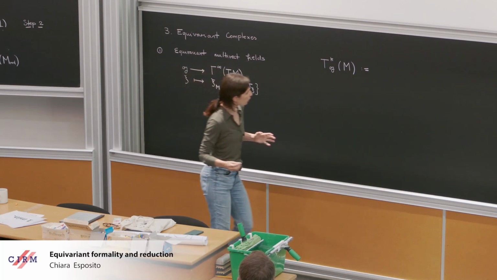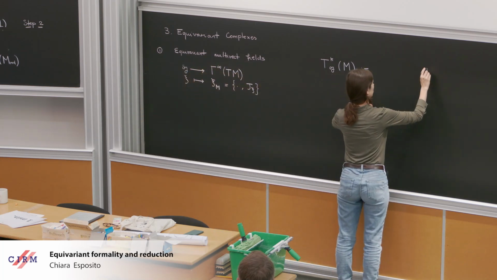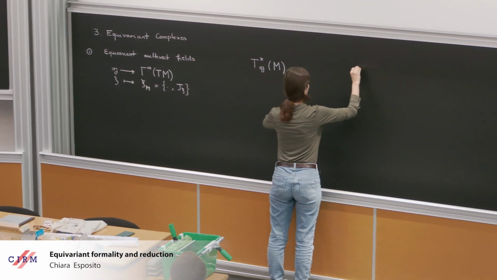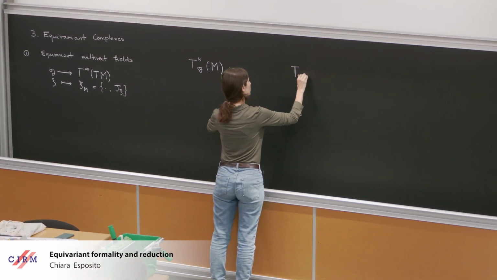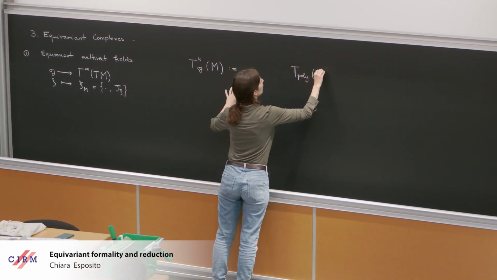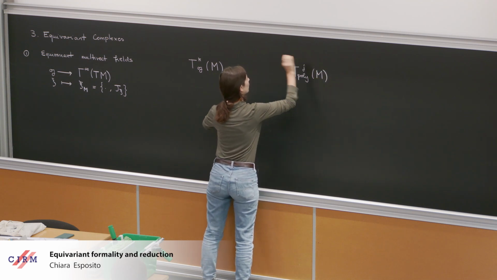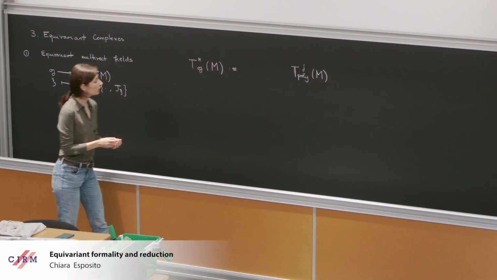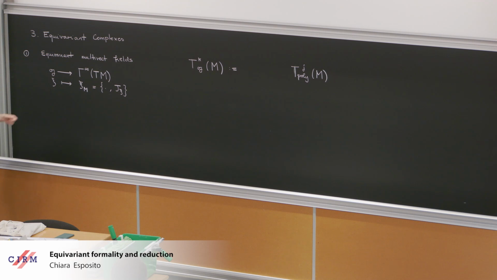Let's take T poly, and I want to get these kinds of maps, polynomial maps.